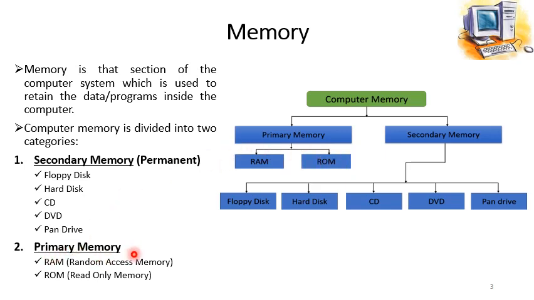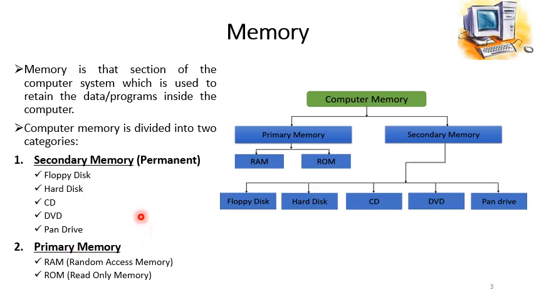So guys, we can have both types of memories in this category, because we know that random access memory, RAM, is a temporary memory, but on the other hand ROM is a permanent memory which is only a read only memory. So how can we define the primary memory actually?